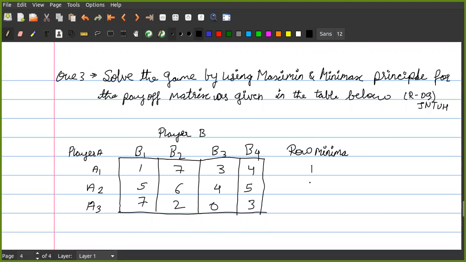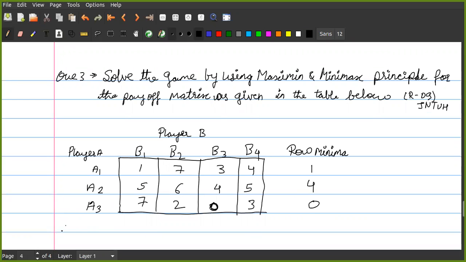What is the row minima for row 2? 4. Row 2, 4. Then the last row is 0. Correct? Yes, sir. So minimum is 0.